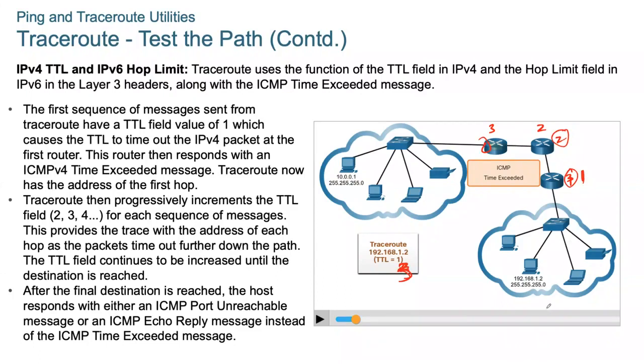After that, it will not forward to any other routers, it will forward to one of the end devices in that network. After the final destination is reached, the host responds with either the ICMP port unreachable message or the ICMP echo reply message instead of the ICMP time exceeded message.